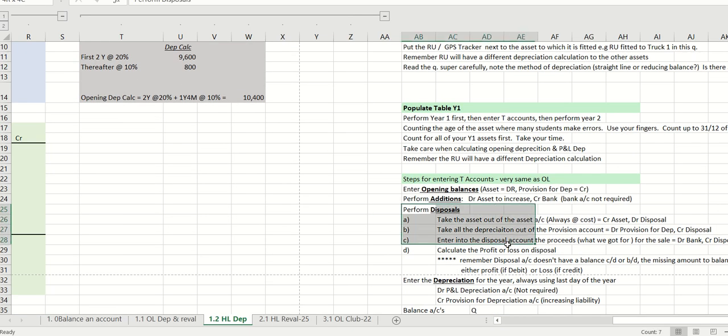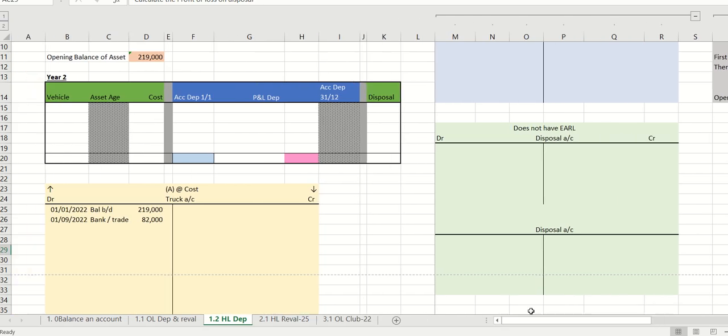When we're doing a disposal, guys, there are several steps. We take the cost of the asset out of the asset account. We take all the depreciation to do with that asset out of the depreciation account, and we take both of those to the disposal account. Then we put in the proceeds of the sale, then we calculate the profit or loss on disposal. Exact same as if it was an ordinary level question.